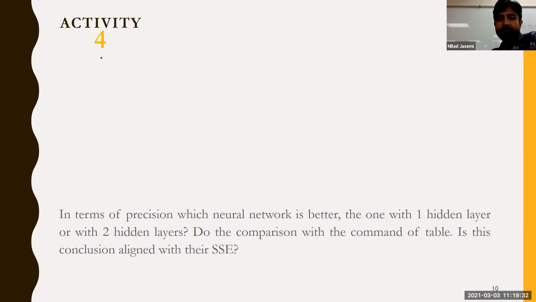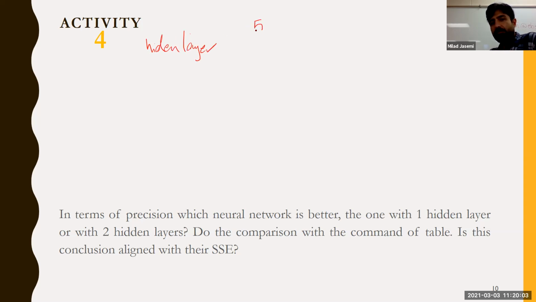Okay, about activity 4, it asks you in terms of precision, which neural network is better? So far, you have created 2 neural networks. I'm talking about the distinguishing part, the difference between these two: the difference was in the hidden layer.